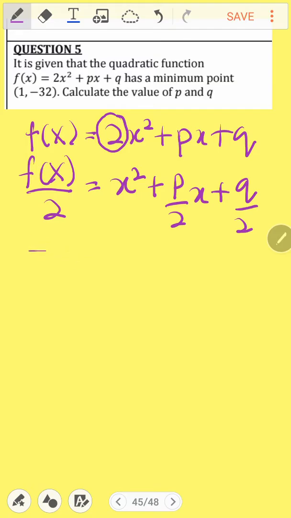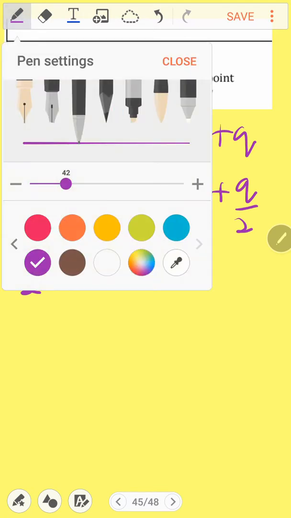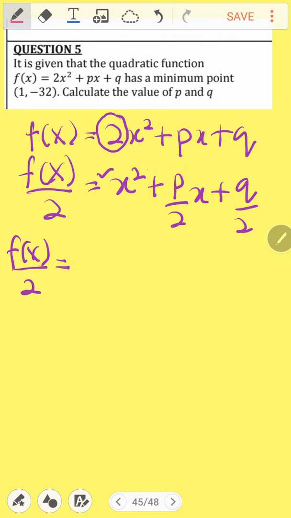Okay, so now since the value of a is 1, we can easily use CTS here, but you have to take note what is the value of b here: it is p over 2. And we have to divide that by 2 because of the properties of a quadratic function.